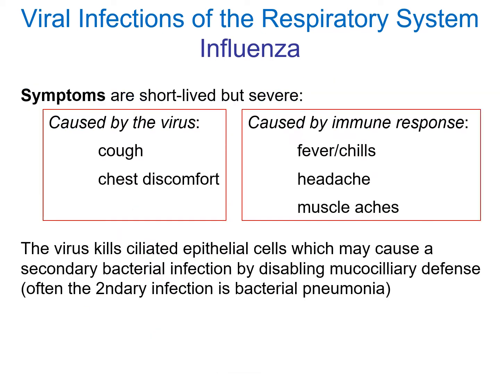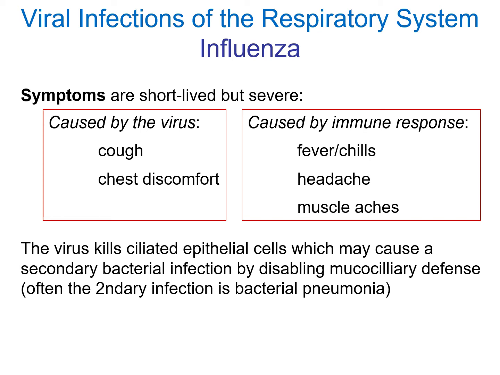So with influenza, the symptoms are short-lived, but they can be rather severe. And influenza is a disease that kills a lot of people. Not that many healthy people. Generally, it kills people that are elderly or that have other coexisting issues, such as compromised immune systems.